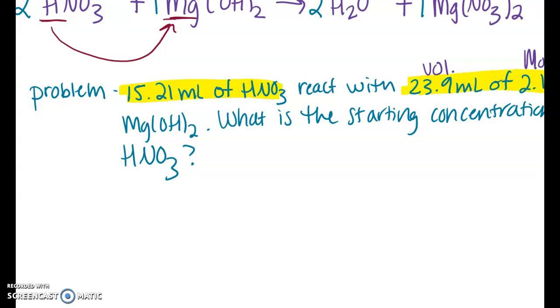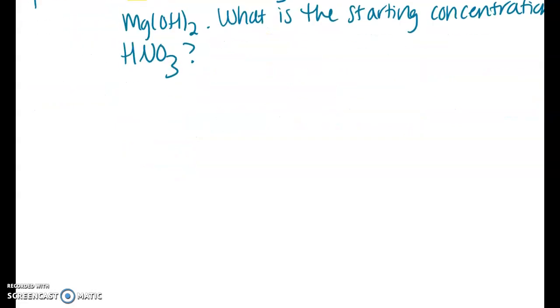I call this my known information. I'm missing a piece of information of my nitric acid. I'm only given the volume. I don't know the molarity, because that's what the question is asking.